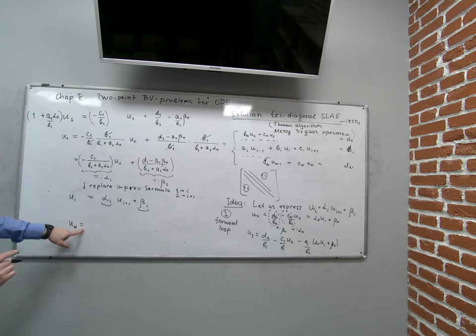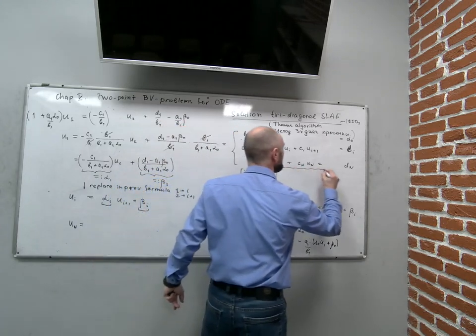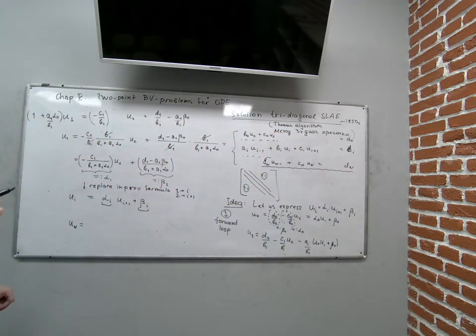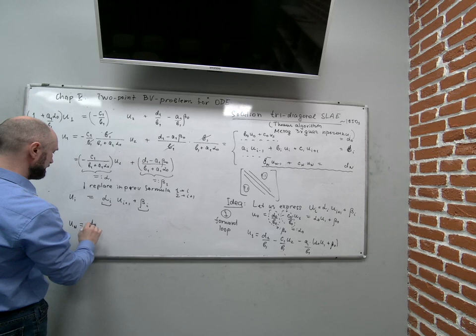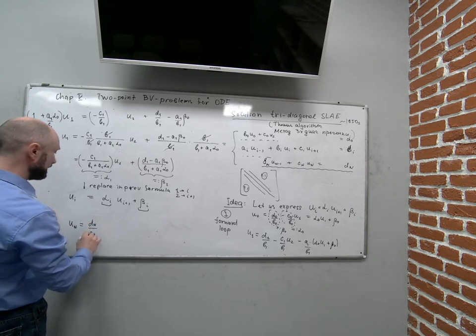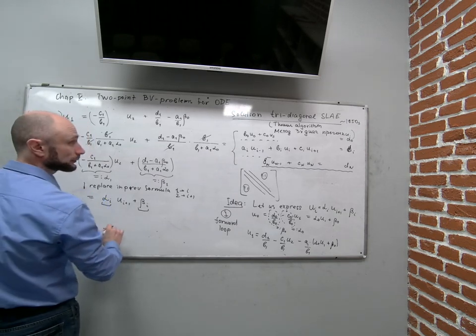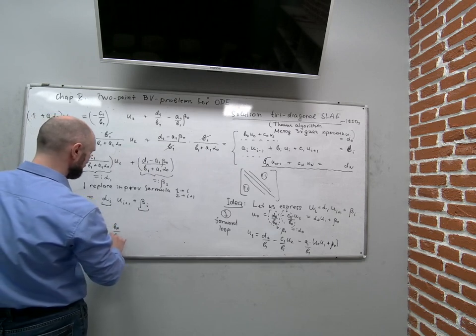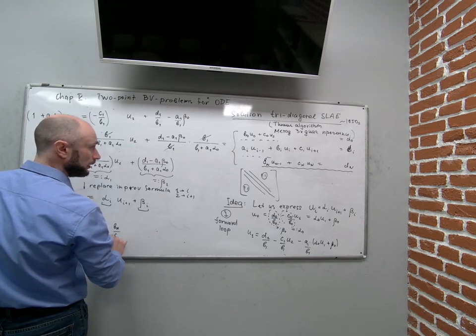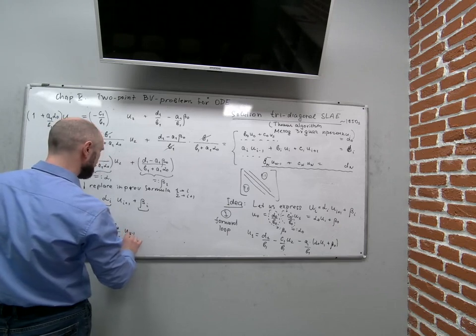And let's write down the formula for the last unknown. This formula can be obtained from this last equation. dn divided by cn minus bn divided by cn multiplied by un minus 1.